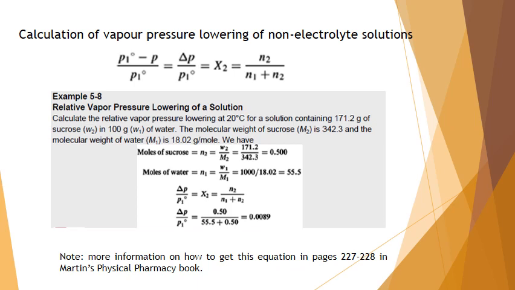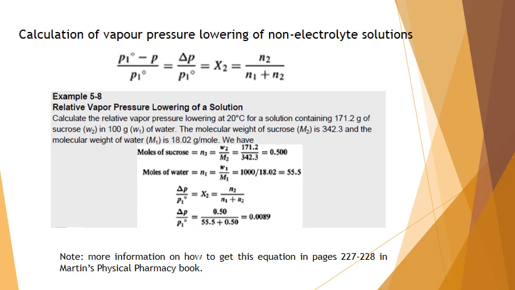This example 5.8 shows you a very simple example, which is the solution of saccharose in water, and how you can calculate the relative lowering in vapor pressure of this solution.